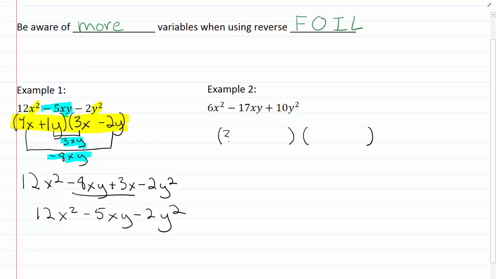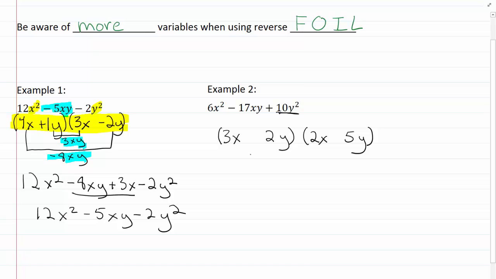So I'm going to try this 3x times 2x, because 3 times 2 would give us 6. And then we also want to try and find something that will multiply together to give us 10y squared. So I'm going to try 2y and 5y.